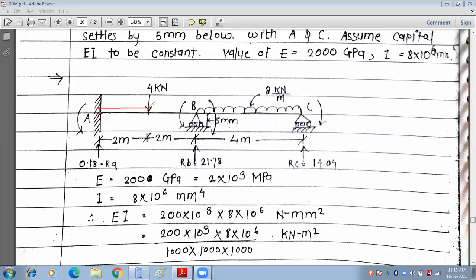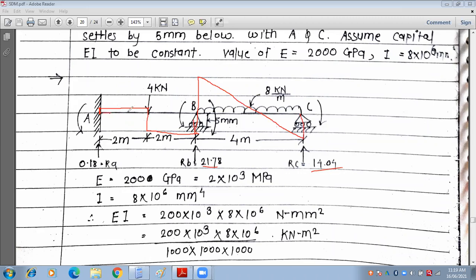Due to this 4 kilonewton, it goes downward up to a certain point, and from this point it remains constant because there is no load over here. Again, due to this reaction 21, it goes up like this one. Okay, and again due to this UDL it goes down, and again due to this reaction it goes up and becomes 0.